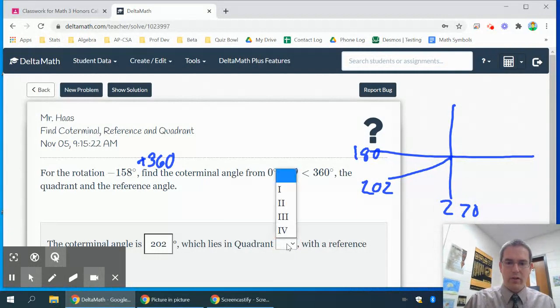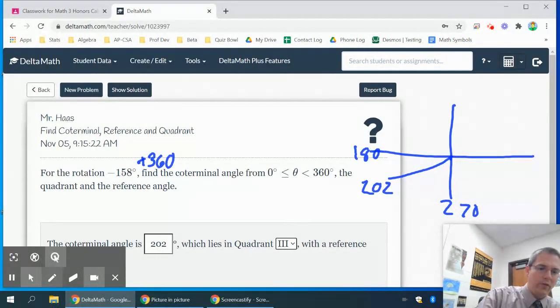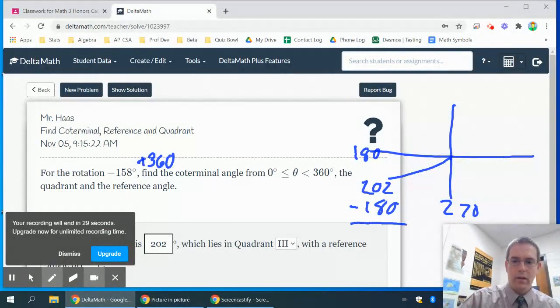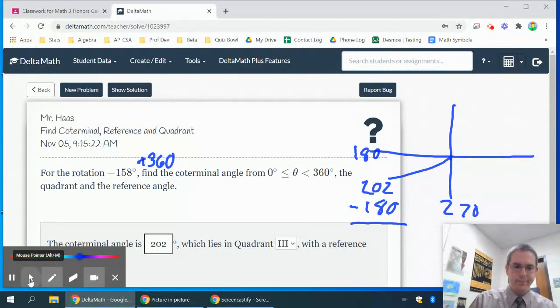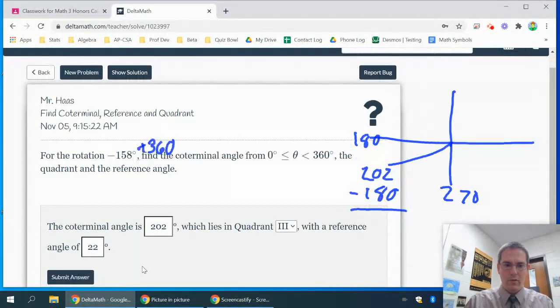And for the reference angle, I would need to figure out how far 202 is from 180. So 202 minus 180 lets me know that that's about 22 degrees away. And then that should give you your correct answer.